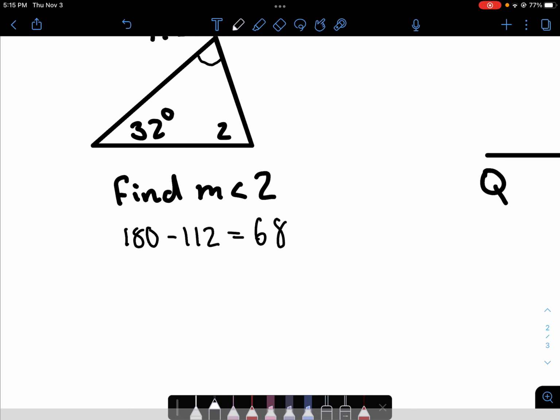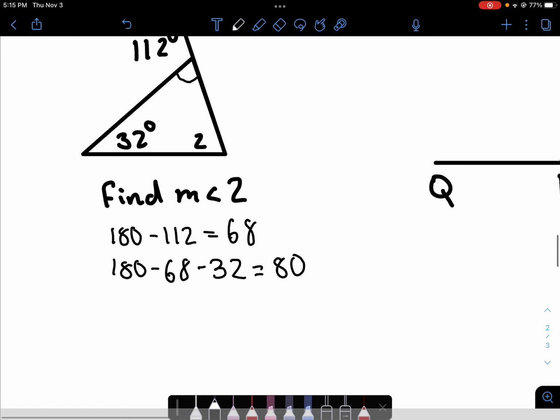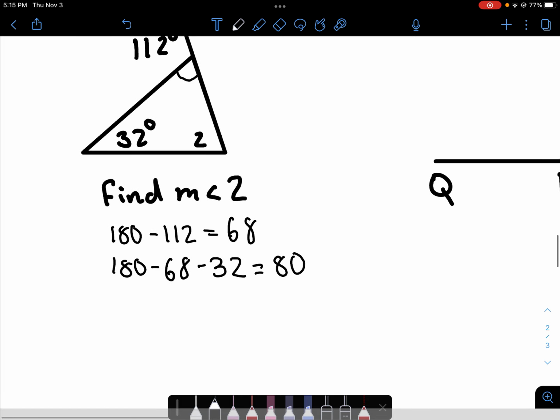And then we can further conclude that 180 minus 68 minus 32 gives us angle 2. And that's 80 degrees.